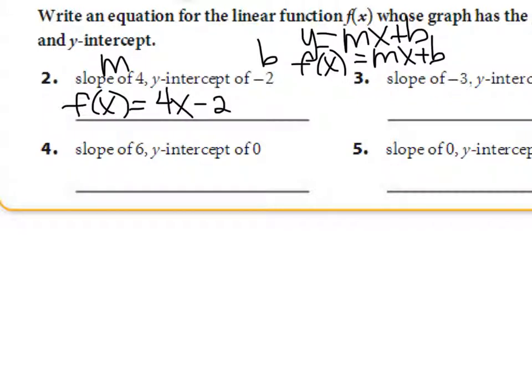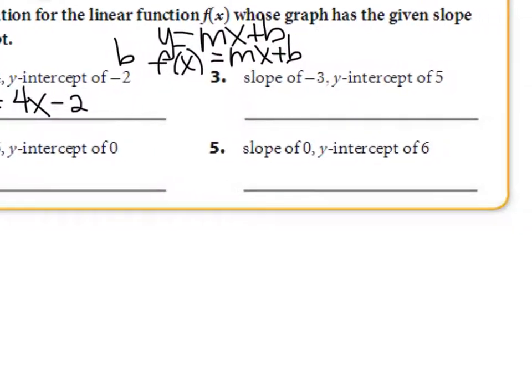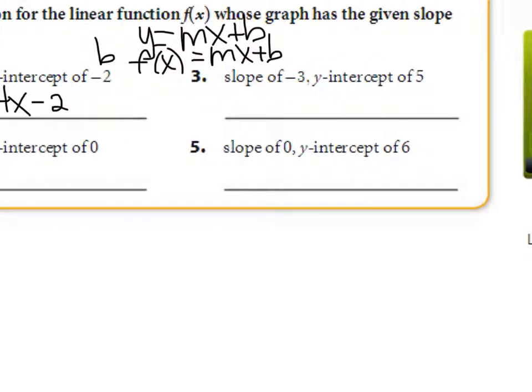Go ahead and finish 3, 4, 5, checking with your group members as you go along, and then unpause this to find out if your answers are correct. Number 3, you should have f of x equals negative 3x plus 5.